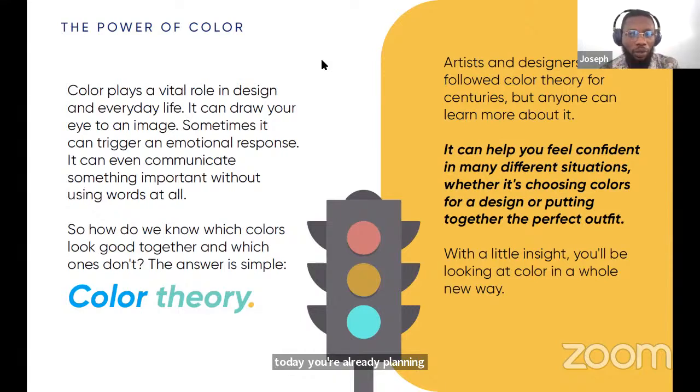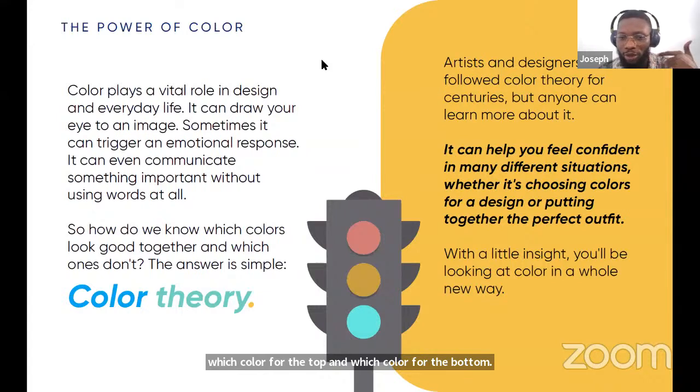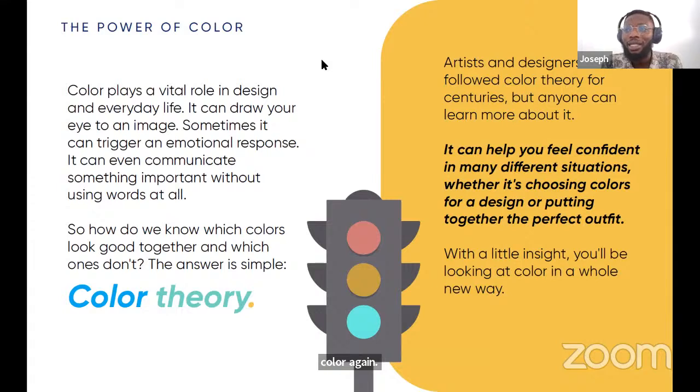In that planning, you're planning which color for the top and which color for the bottom. Should I go with my brown shoe, red shoe, green shoe, purple shoe? You are thinking black cap, blue cap, red cap, color again, right? Even when creating a slide or a document, you are still thinking color.